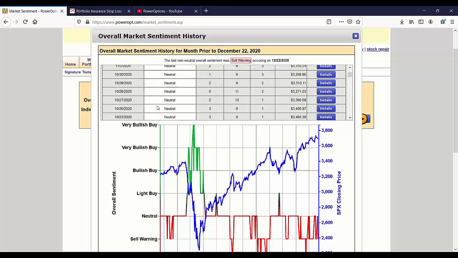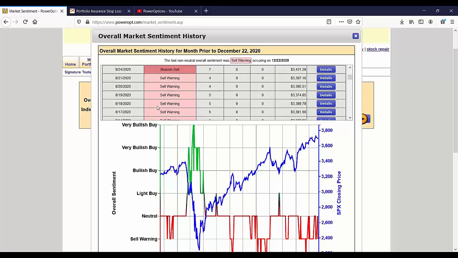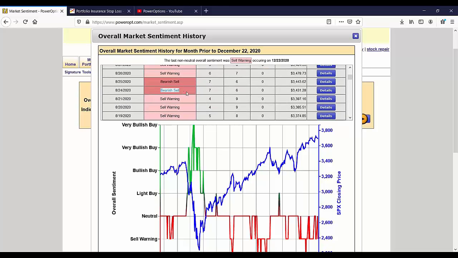I usually do that when I see, going back here, there's 2 light buys for us, when I usually see 2 or 3 bearish sells in a row.